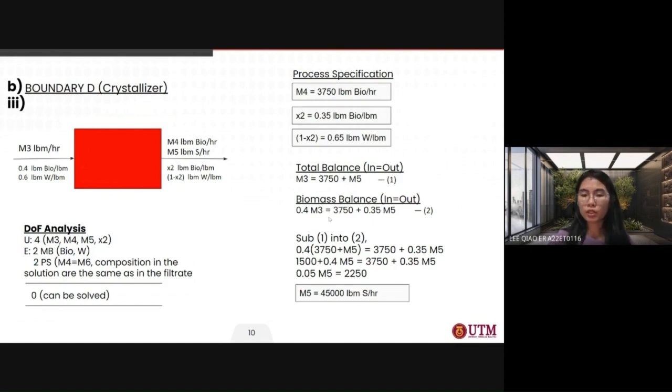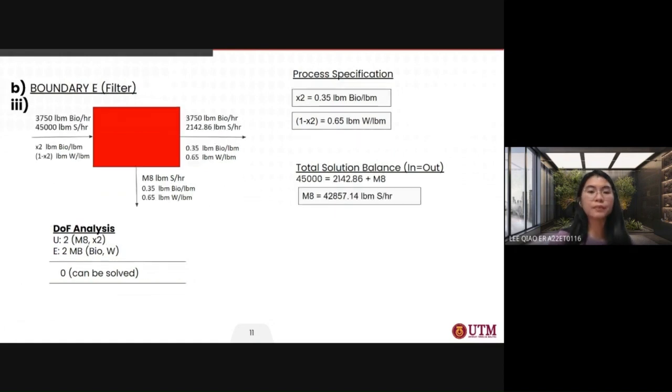Then we use the biomass balance to get equation 2, which is 0.4 times M3 equal to 3750 plus 0.35 M5. Then we substitute equation 1 into equation 2, and we can solve for M5, which is 45,000 pound solution per hour.